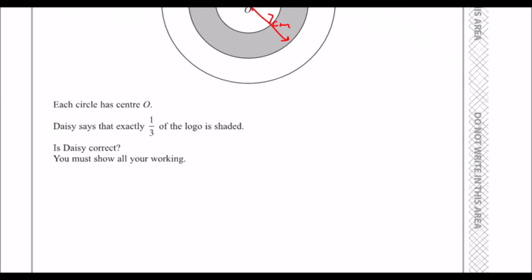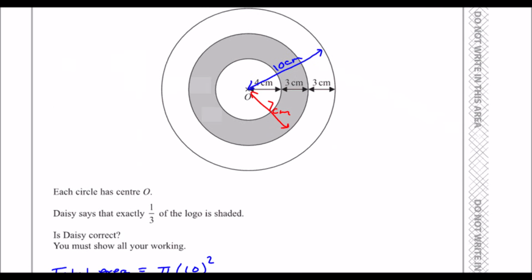So if we do the total area, or the big circle, the area of a circle is pi times the radius squared. So the total area is pi times 10 squared, which is 100 pi centimeters squared.